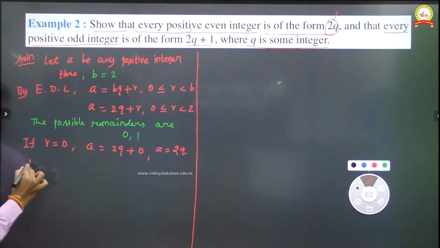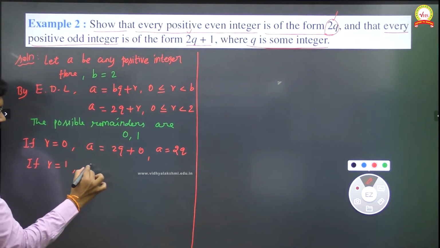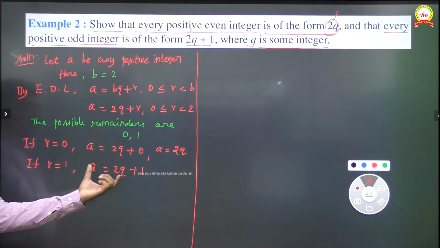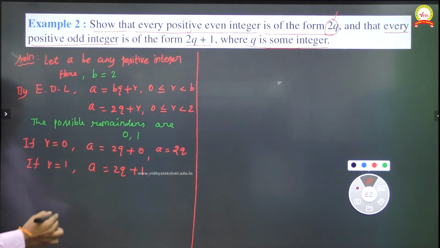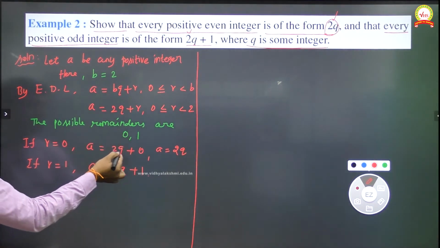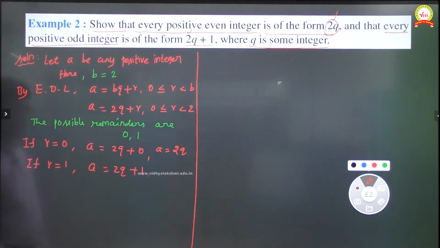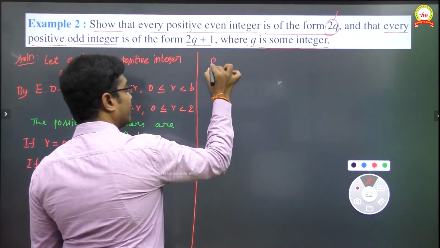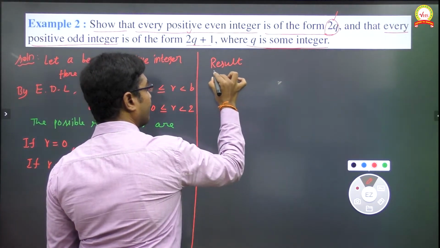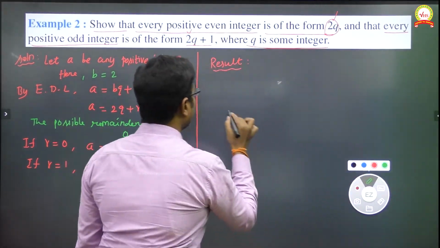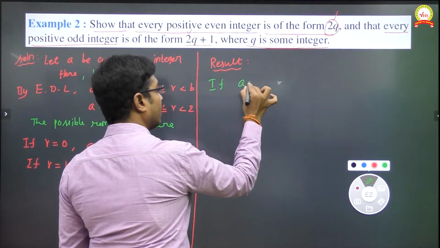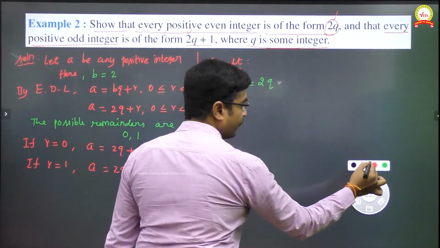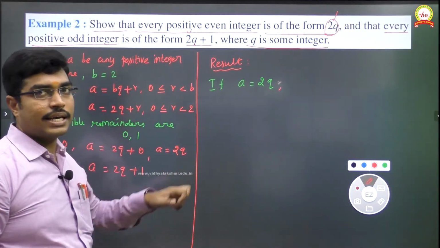If remainder equal to 1, then a equal to 2q plus 1. So these are the possible integers. So our conclusion: if a equal to 2q, then we can say it is an even number.